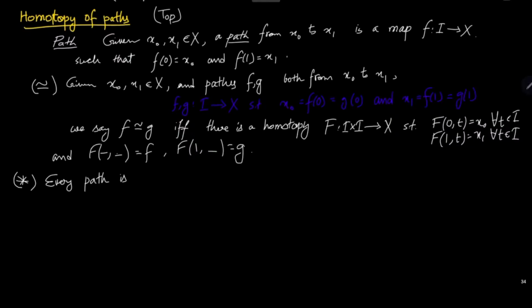There should be this comma 0, this comma 0, and this comma 1. That is the actual notation. To show f is homotopic to itself, we say that F of t comma s equals f of t for all t in I, and that just clearly defines a homotopy.